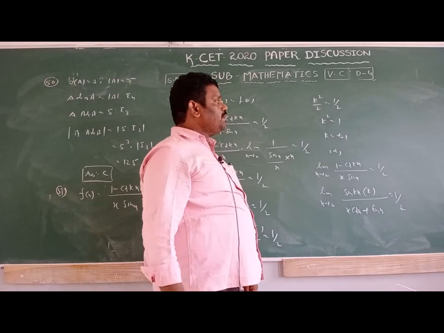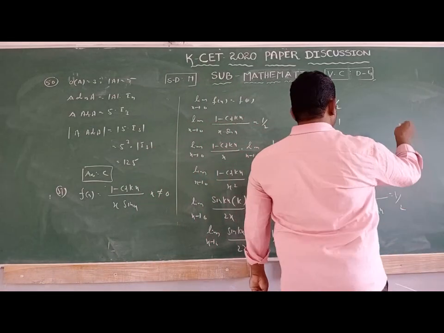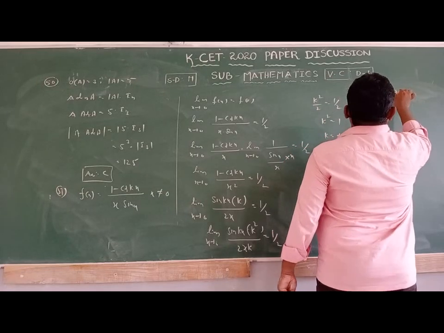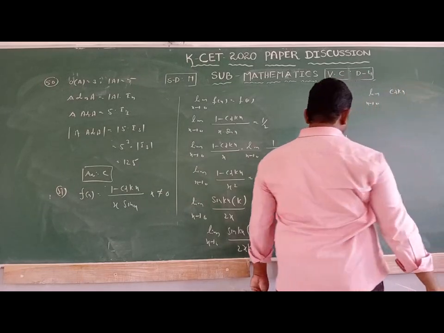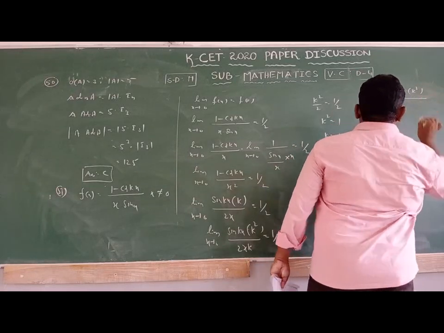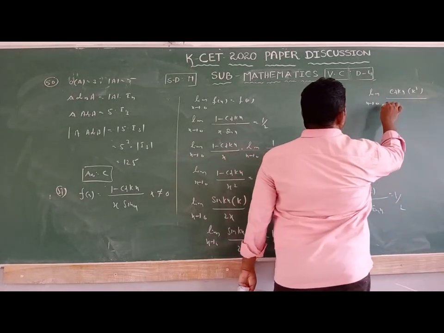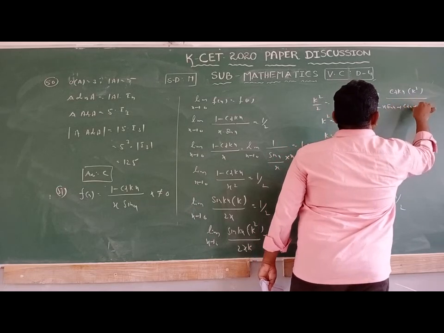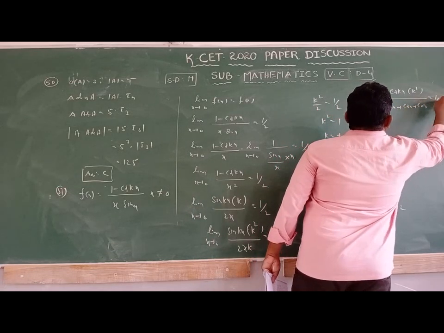Again if you get infinity by infinity, then again we apply the L'Hospital rule. Then limit x tends to 0, cos kx into k square by x into cos x, x into minus sin x plus cos x plus cos x is equal to 1 by 2.